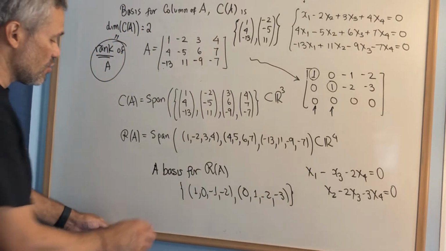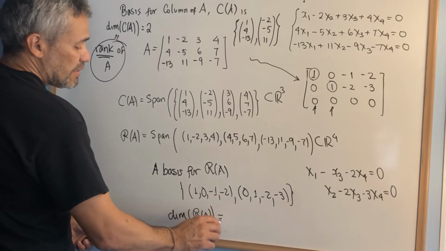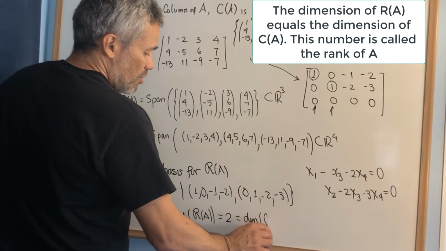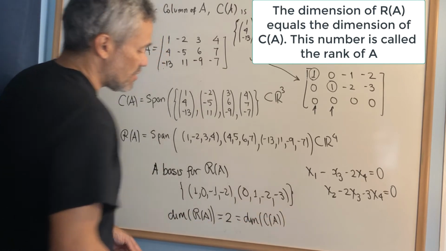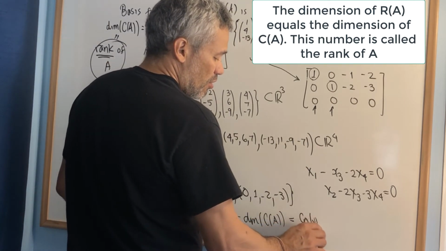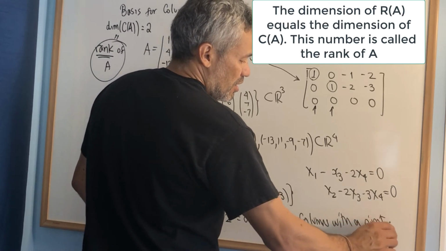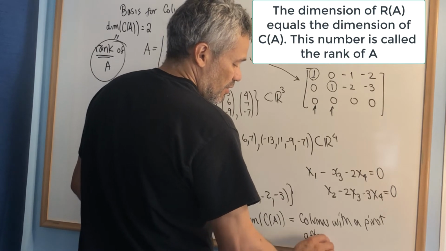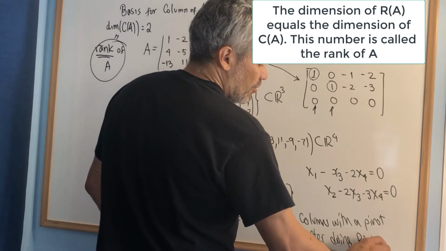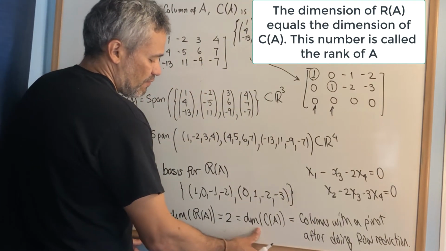Notice that the dimension of the row space of A is equal to 2, which is always the same as the dimension of the column space of A. And the reason is because these two numbers are just the number of columns with a pivot after doing row reduction, or after getting the echelon form.